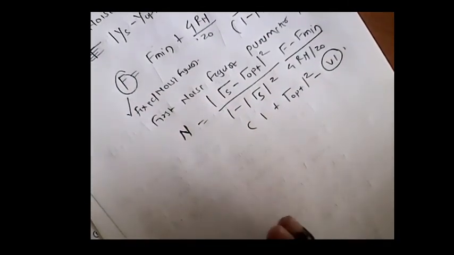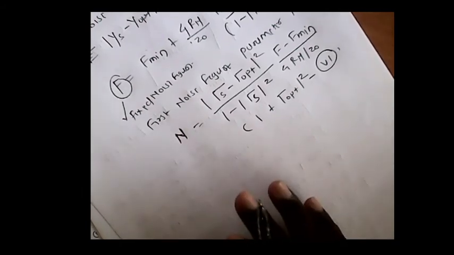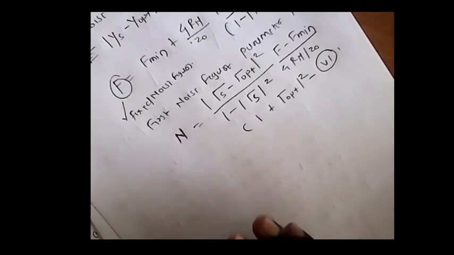Now if we calculate for the given noise figure and set of noise parameters, then we can find out the value of gamma s.